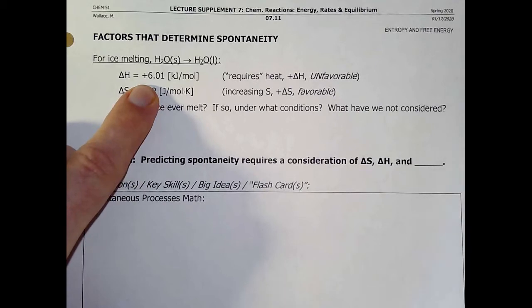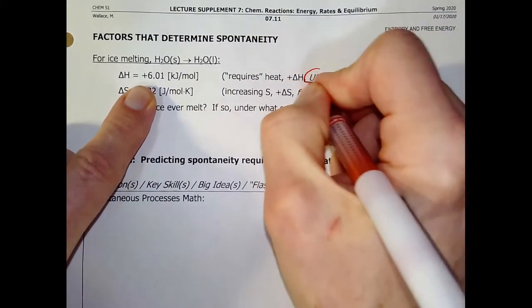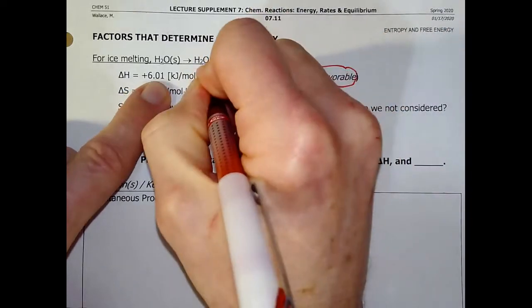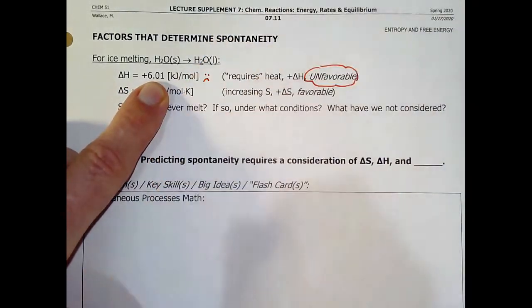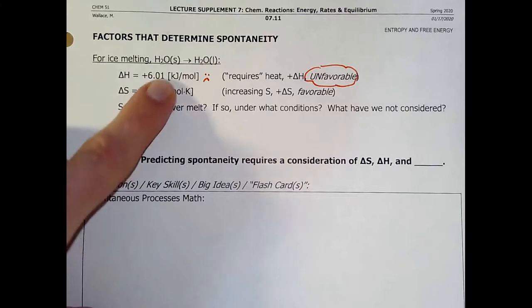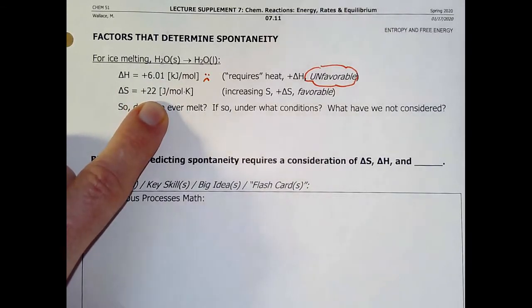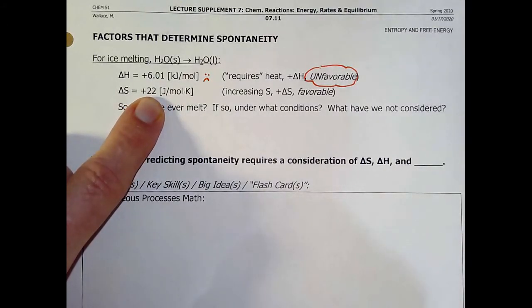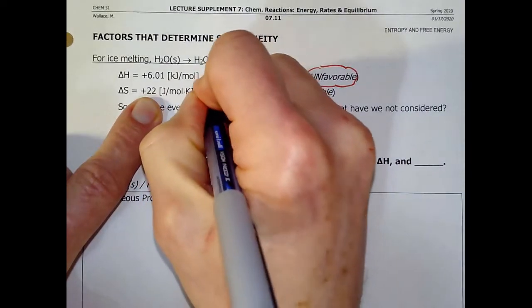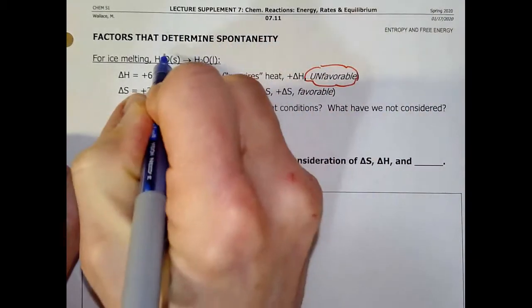That requires heat. That's unfavorable. Now, the delta S for this process, however, is increasing entropy. Nature's happy about that.